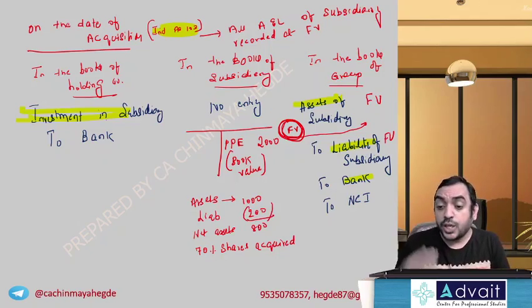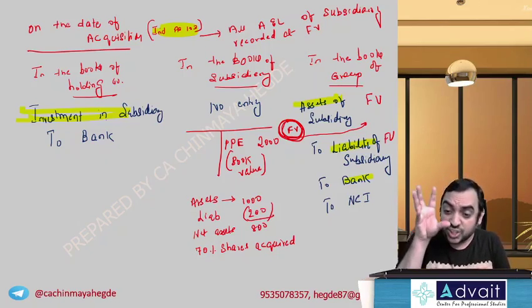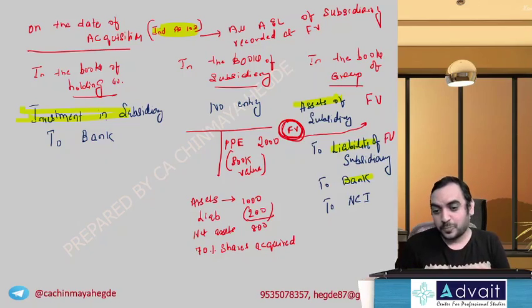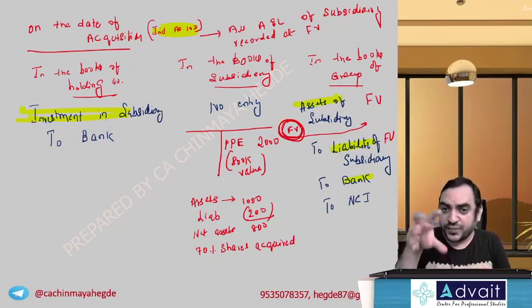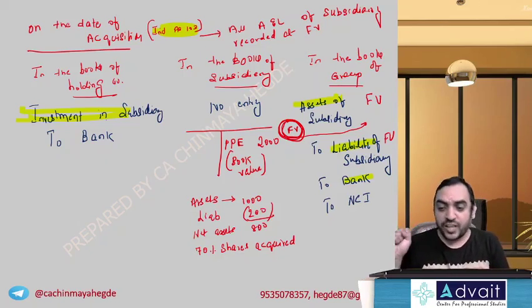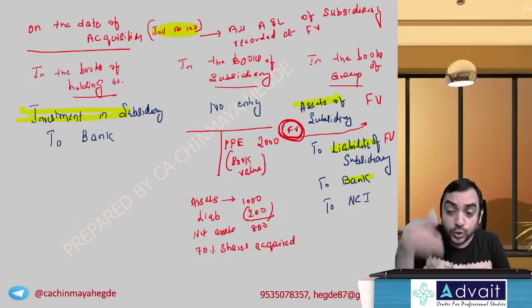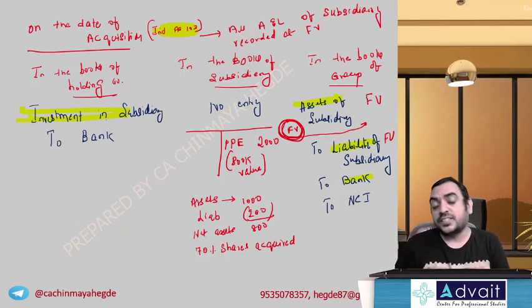So how much should the holding company pay for acquiring the shares of the subsidiary company? What should be the purchase consideration? Assets fair value 1000, liability fair value 200, net assets 800. Should they pay 800? They are not acquiring the full 800. They are acquiring only 70% of the shares. So how much should be the amount to be paid to the shareholder to acquire 70%?